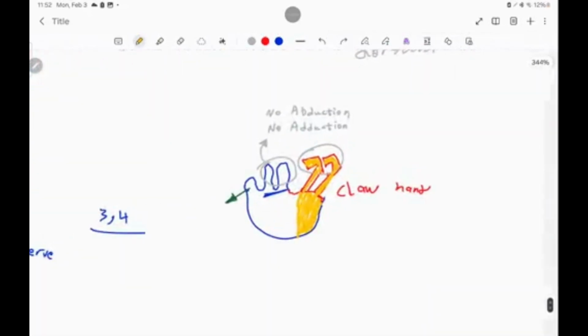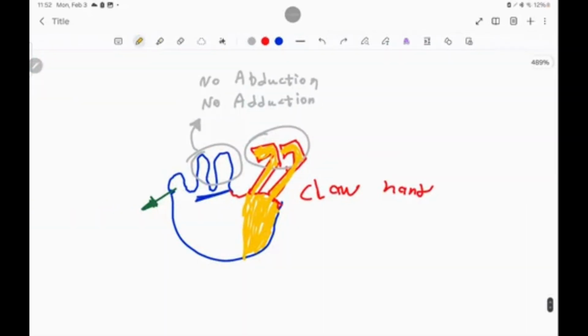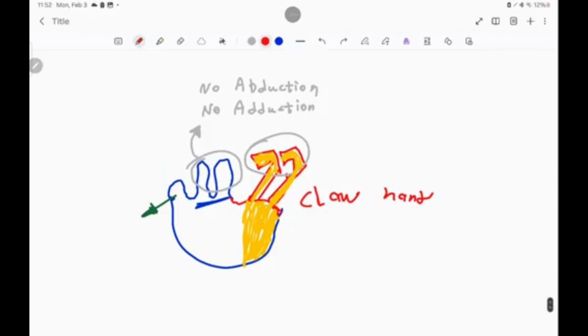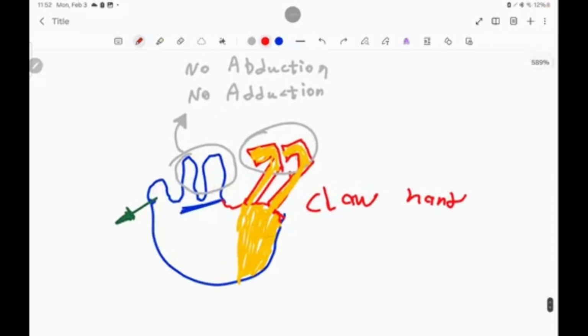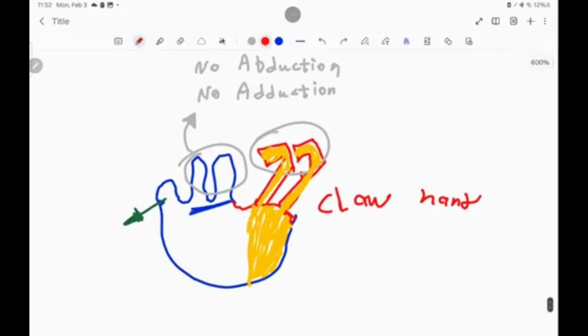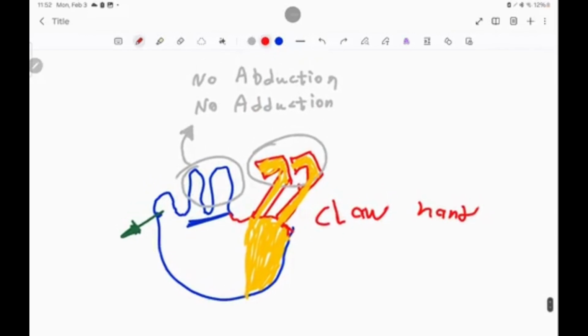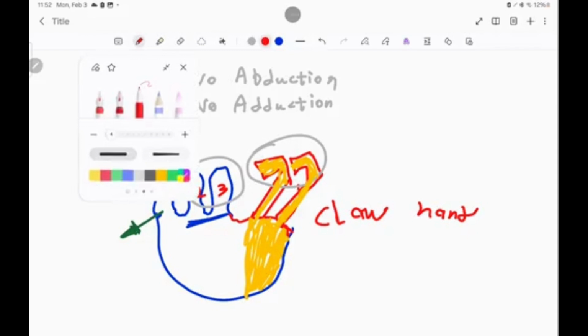So if a patient comes to you with the following, you diagnose ulnar nerve injury: loss of sensation in this area, no abduction, no adduction of all of the fingers, but you can see it more on the second and third fingers, and a permanently abducted thumb.